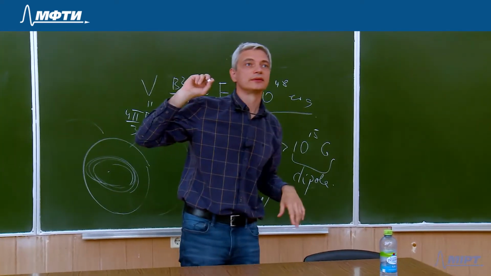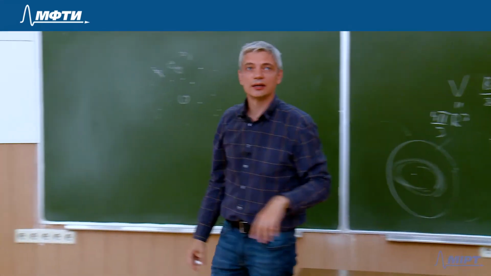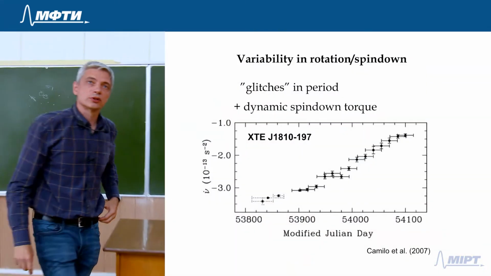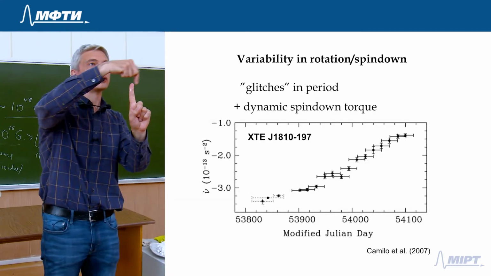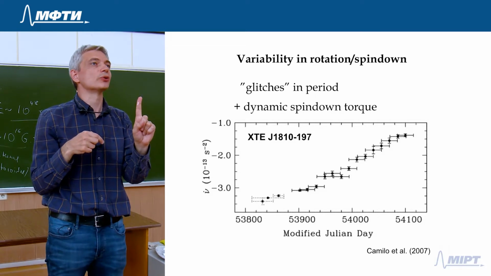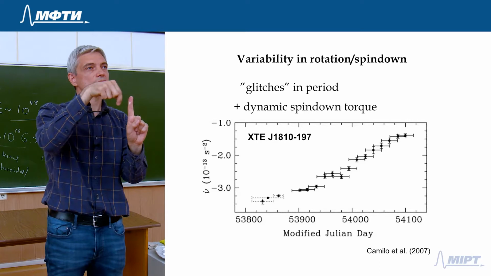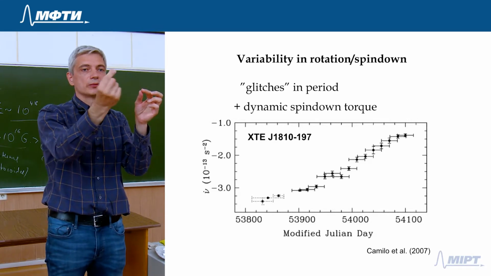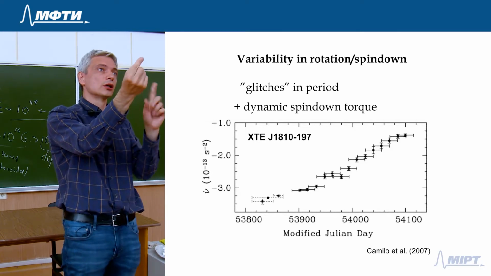Oh, sorry. So how exactly are the vortices pinned to the crust here? Nuclear force. It's actually not understood. All you know is the energy scale. You know that nucleons, when they move, interact with the static lattice nucleus.